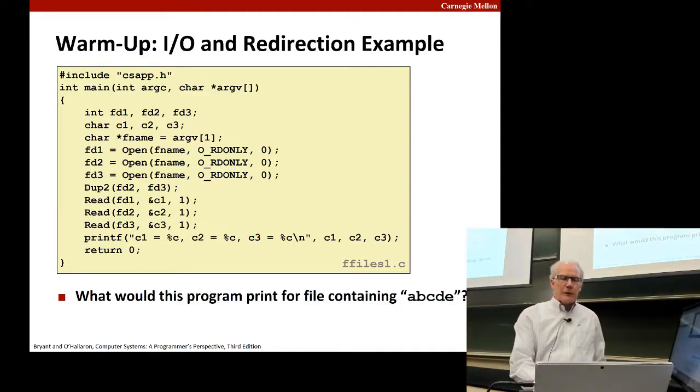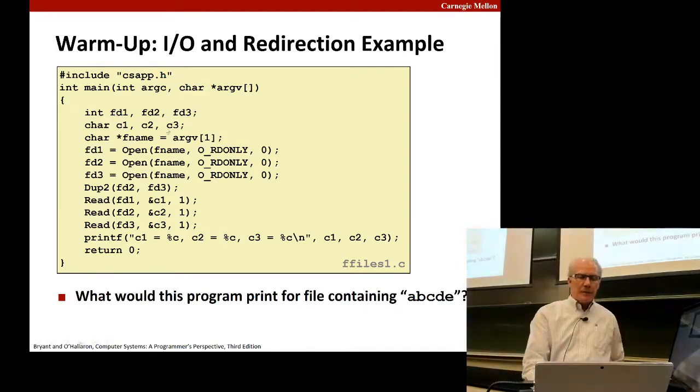So let's do a quick step through one of these. Here you'll see that I have a file name, actually from the command line, but that doesn't really matter. And I will open it three times and get three different file descriptors. Typically these will be 3, 4, and 5, but you don't need to worry about that. But you'll see I'm calling this dup2, and that's going to mess things up.